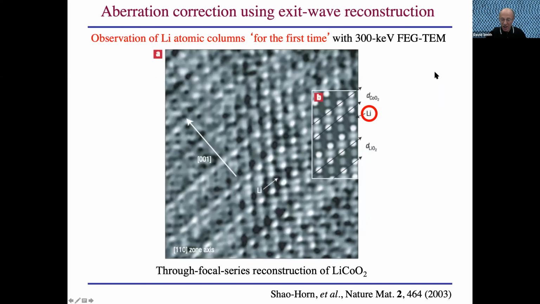And O'Keefe and Schafhorn and colleagues actually followed in their footsteps at 300 kV, and they were able to see, this is a fact that people seem to have lost track of, with a 300 kV FEG TEM with exit wave reconstruction, the lithium atomic columns were resolved.